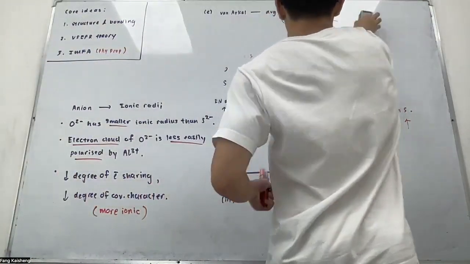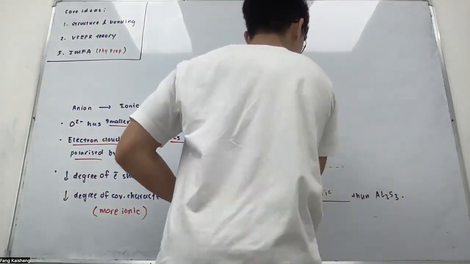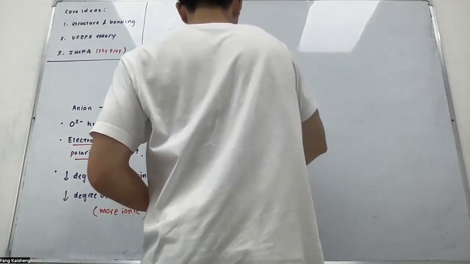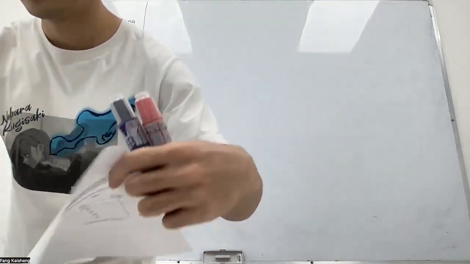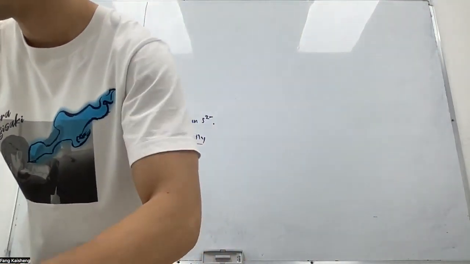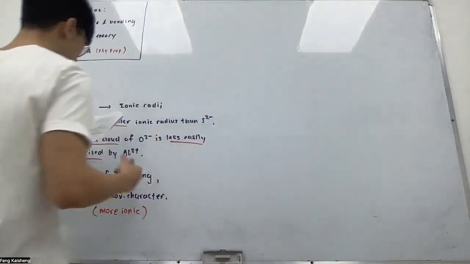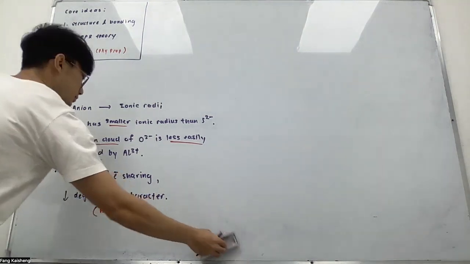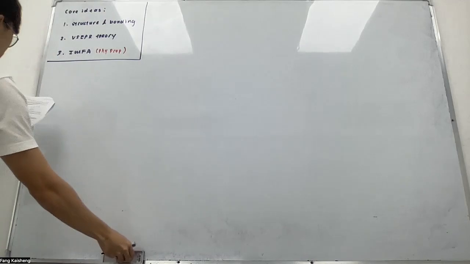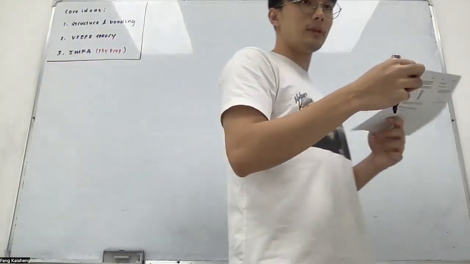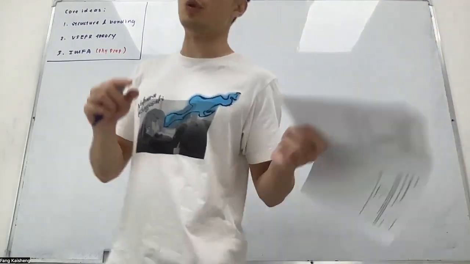I'll tell you what is necessary here. Part 1 asks you to draw a hydrogen bonding diagram, which we have done before.